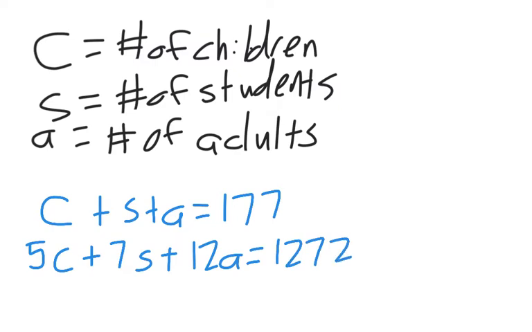And then there's half as many adults as children. Different ways you could write it. I'm going to go with, if I take the number of adults and multiply by 2, that should be the number of children.